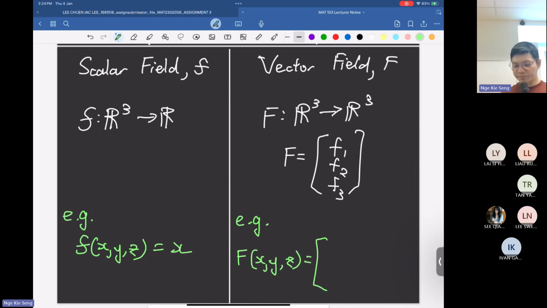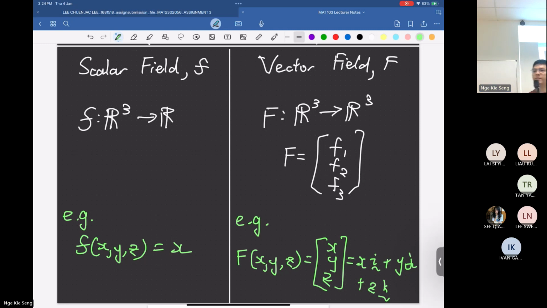For example, (x, y, z), like this. But normally in the lecture notes, you will see it like xi plus yj plus zk. They are the same presentation. Or sometimes you see it as a row vector like this, x, comma, y, comma, z. These 3 things are all the same.